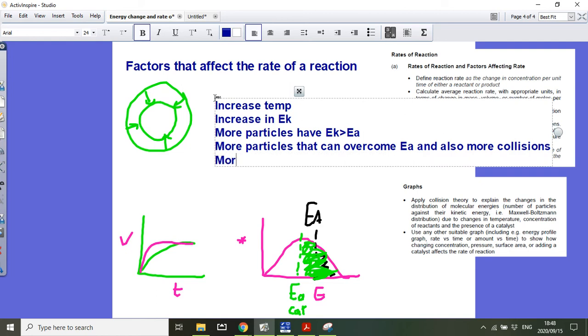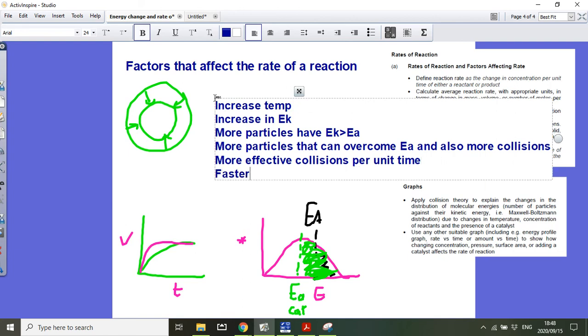So therefore, more effective collisions per unit time. And therefore a faster rate. And there we go. So all we have left to do is to see how that affects these graphs.